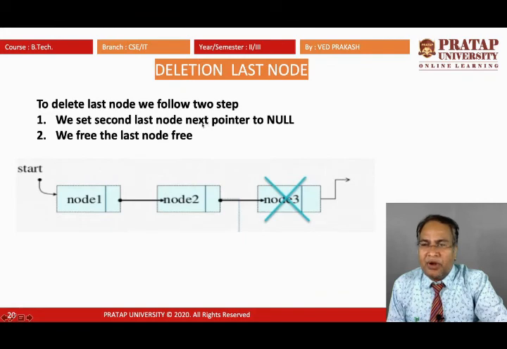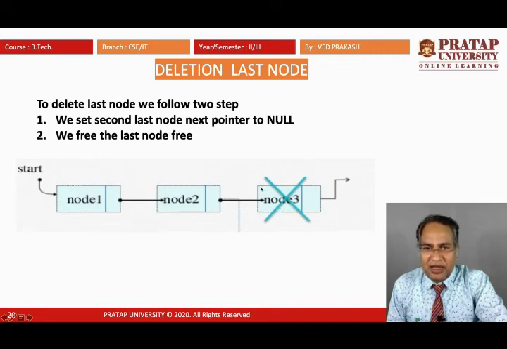Next operation is deleting the last node of a linked list. To do this activity we have to follow two steps. First, we set the second last node's next pointer to null, and after that we free the last node. So this is our linked list.